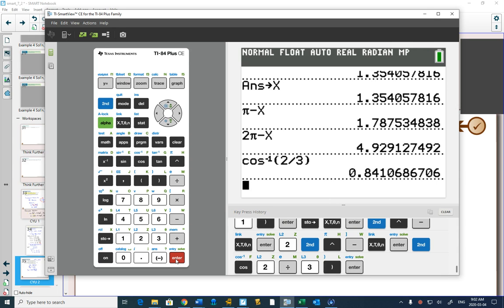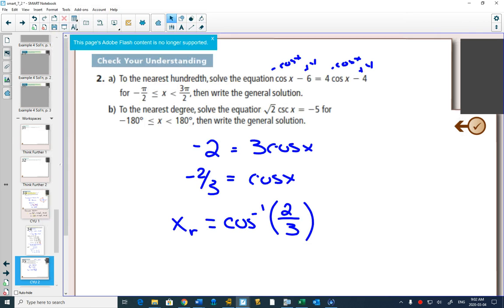And be able to start to recognize by your answer, do you know that your calculator is in radians or degrees? If I get 0.841, does that seem like a number that's in radians or degrees? In radians. Is this question in radians? Yes. Whew. So we've got our reference angle, 0.841 approximately.